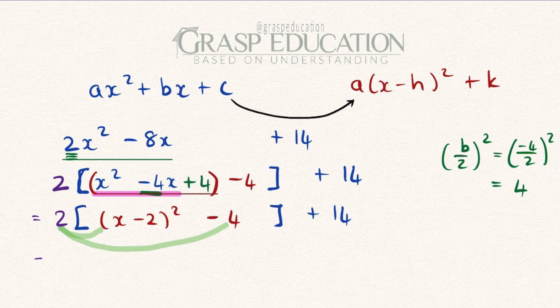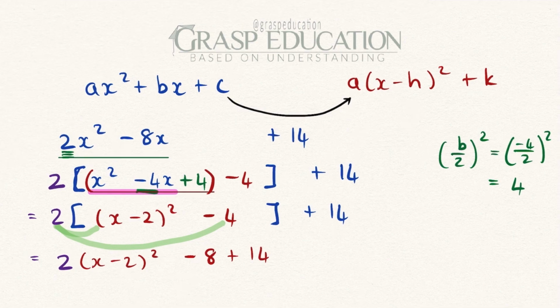So this would become 2(x minus 2) to the power 2. This will now become negative 8 plus 14. So my final answer will be 2(x minus 2) squared, plus 6.